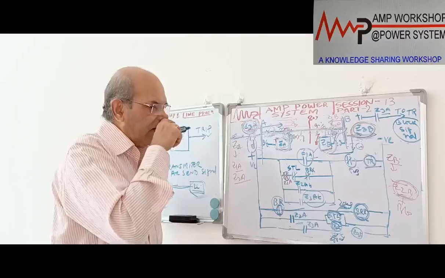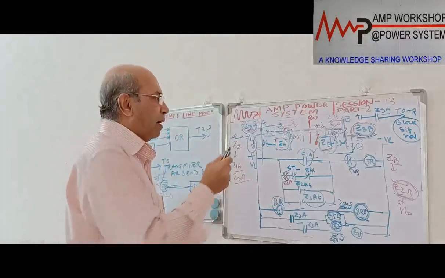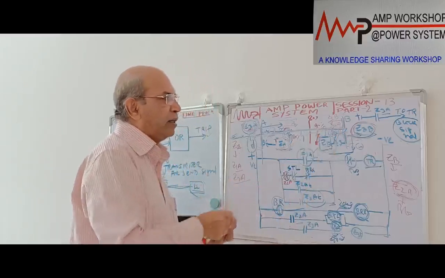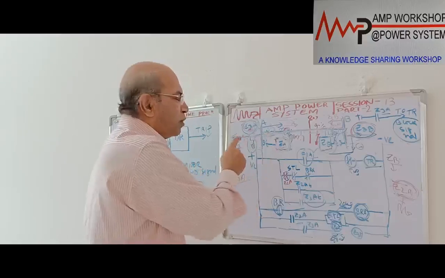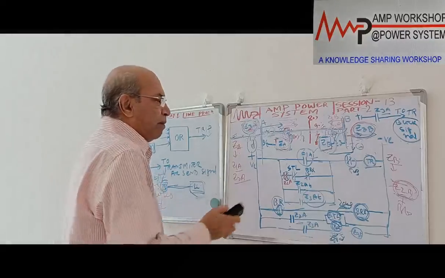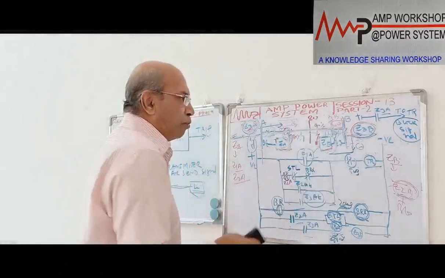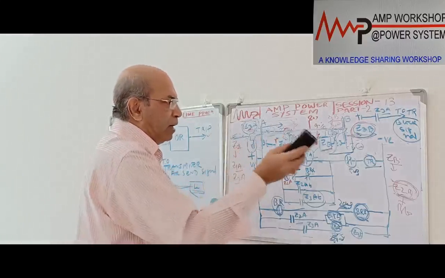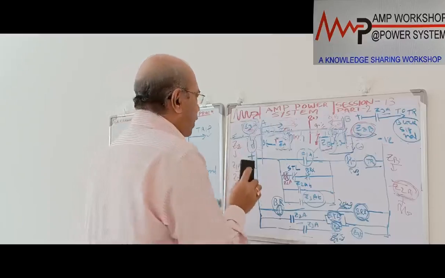That means for an internal fault, it will clear the fault. But for an external fault, if the channel fails, the blocking scheme unnecessarily trips the breaker for an outside fault. That possibility is there. This is the disadvantage, but the blocking scheme is more dependable, though not secure. So this is a blocking scheme.